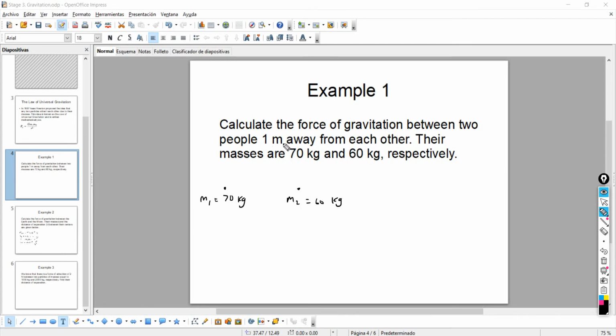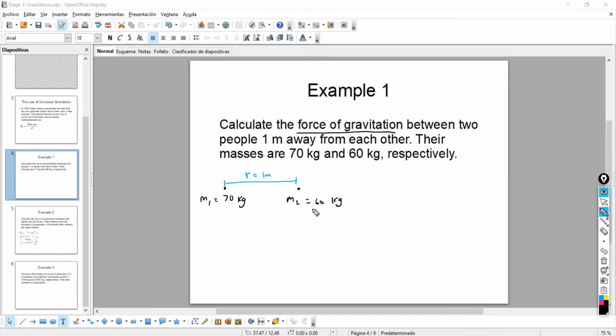Now, what is the distance of separation? 1 meter, because they tell me that these people are 1 meter away from each other. So I'm going to do that in blue. The distance of separation between these 2 people, which is usually represented by an R, like I told you, is 1 meter. There you go. And now we have all the ingredients to calculate the force of gravitation between these 2 masses.